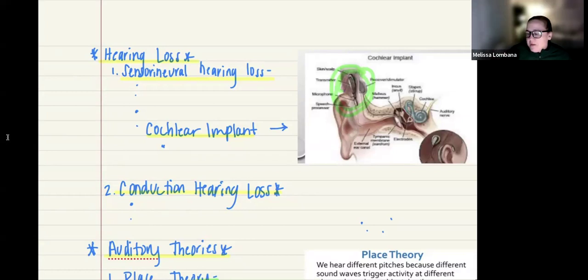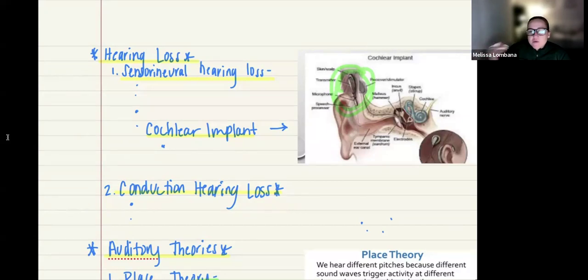So it's going to pick up on the sound waves, convert them into neural energy, and then send it to the brain. But it's not as fluent as how we speak, how we would hear a regular talk. It's kind of robotic, okay? Because again, it's a foreign object, and it's pretty slow.